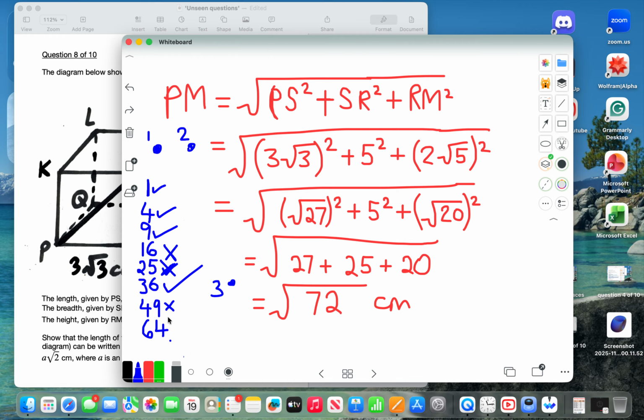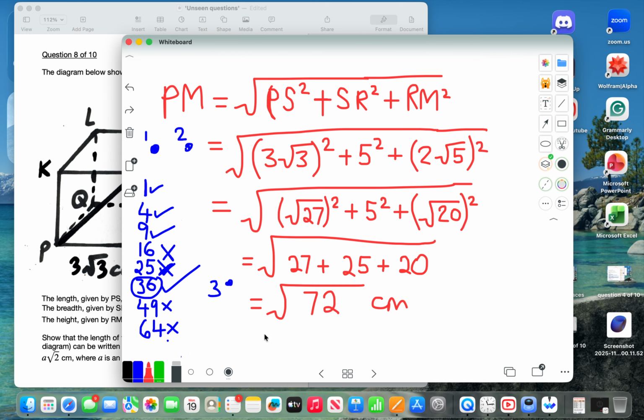Nope. And nope. So the highest on that list is 36. So we want to write 72 as a product of two numbers, and we can include 36. Now that equals 36 times 2.